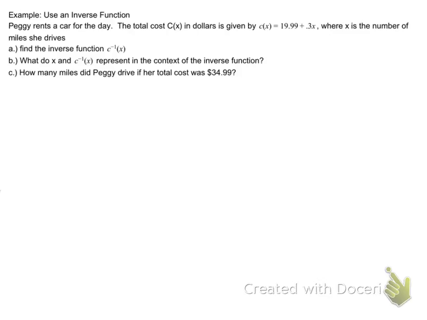Guys, in part A, it wants you to find the inverse function, C inverse of x. So please do that. I'll pause it so we don't have to have a 25-minute video. I'm going to speed things up just a little bit. I'm going to already start off with y equals 19.99 plus 0.3x.